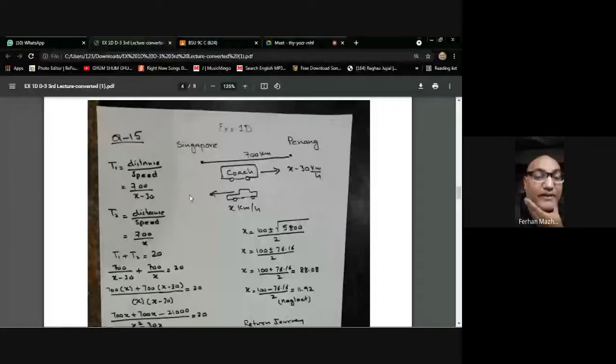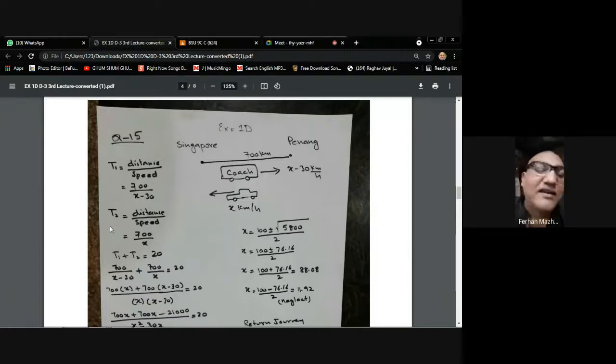So the time taken, the time is equal to distance divided by speed. So the distance is 700 and the speed is x minus 30. So it will be 700 divided by x minus 30. So you can see here that I have shown that T1 is 700 divided by x minus 30.